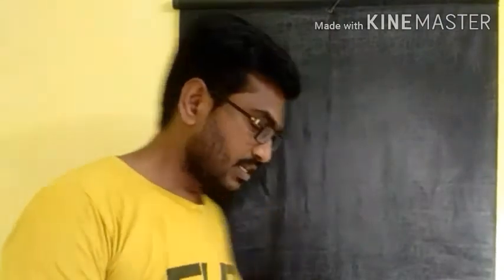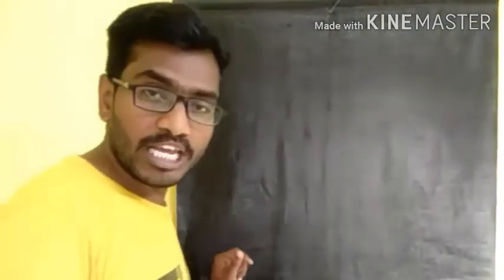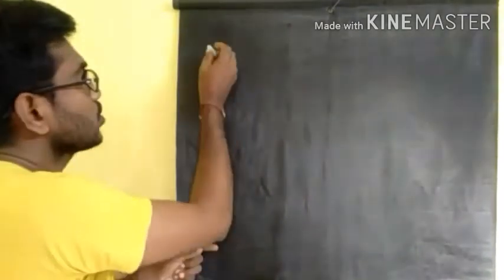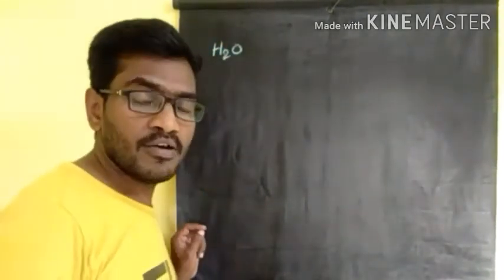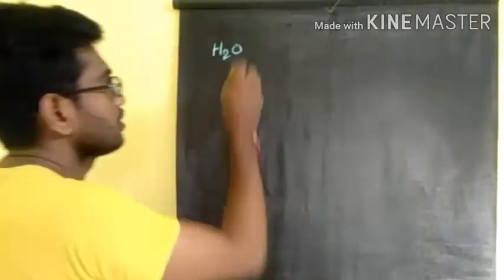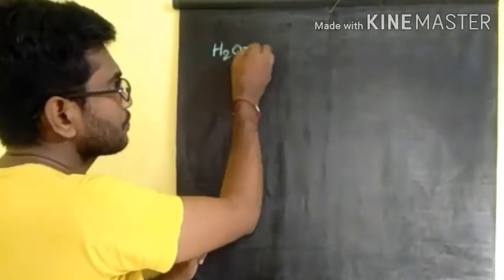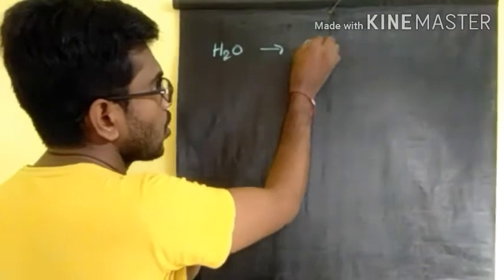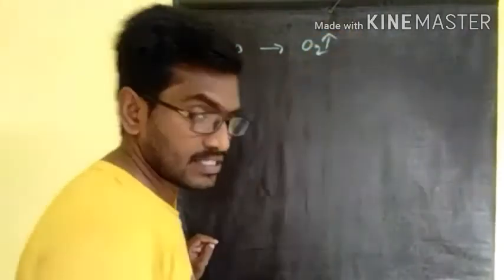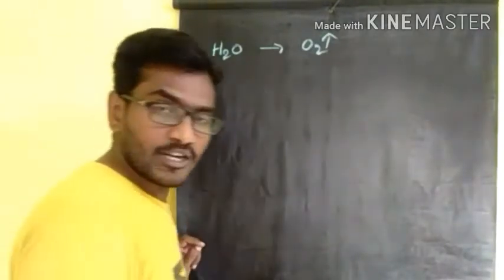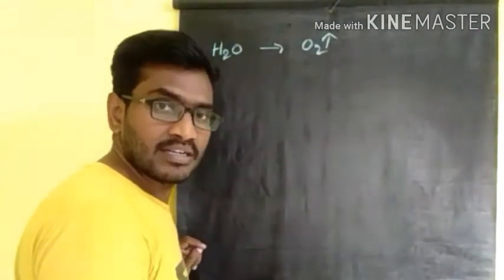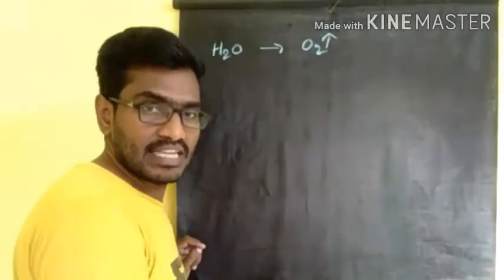In the light reactions, when the chlorophyll molecule gets oxidized, it breaks down the water molecule, which we call photolysis of water. As a result of the breakdown of this water molecule, oxygen is released. In the same manner, the excited chlorophyll gets oxidized and releases electrons.